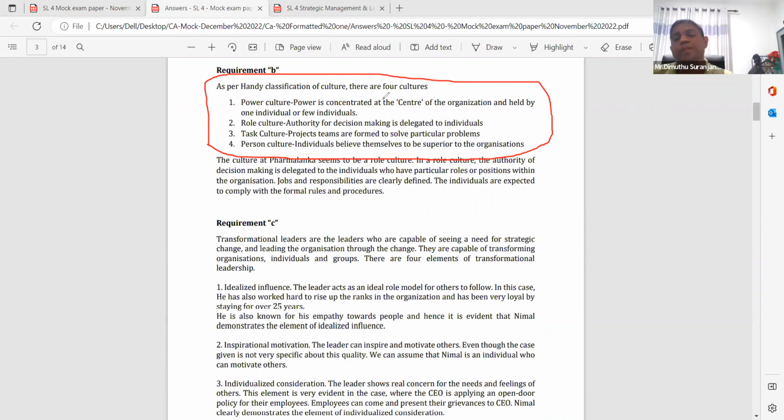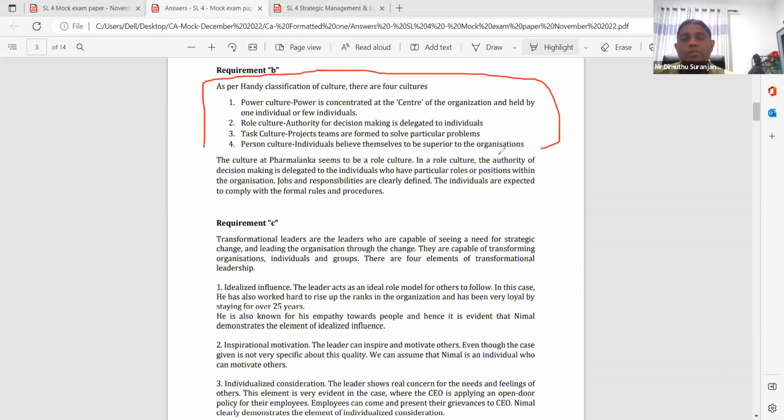So when you are developing an answer, what should be the approach? Normally the approach is theory plus application, no? Theory plus application. Theory should be present in a very short form.